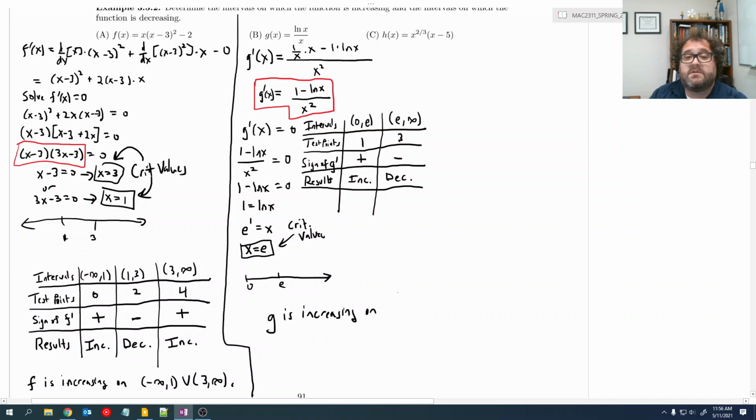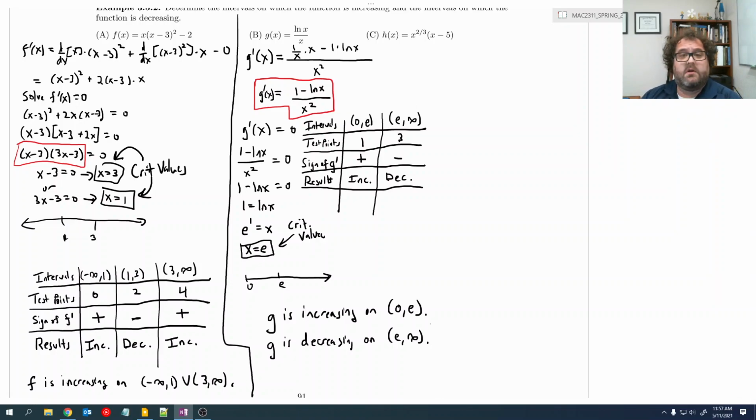That was 0 to e. And g is decreasing on the other interval, which was e to infinity. Interesting. We'll double check these graphically with Desmos in just a minute.